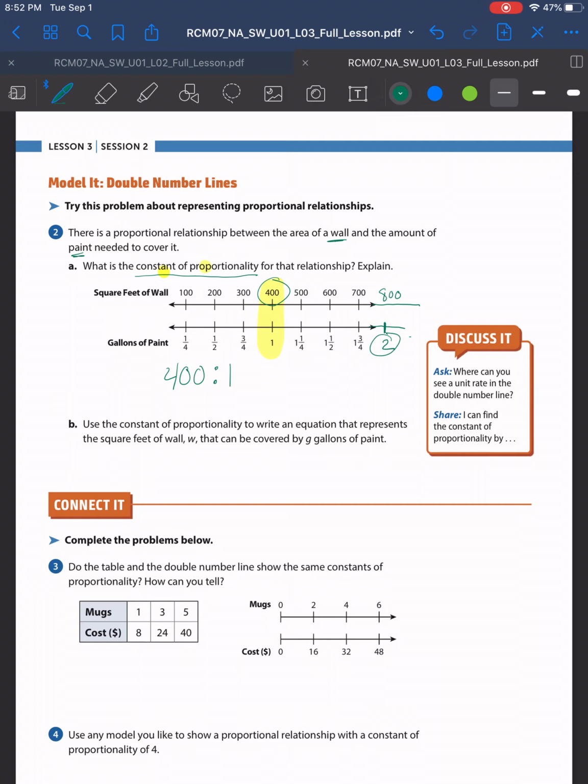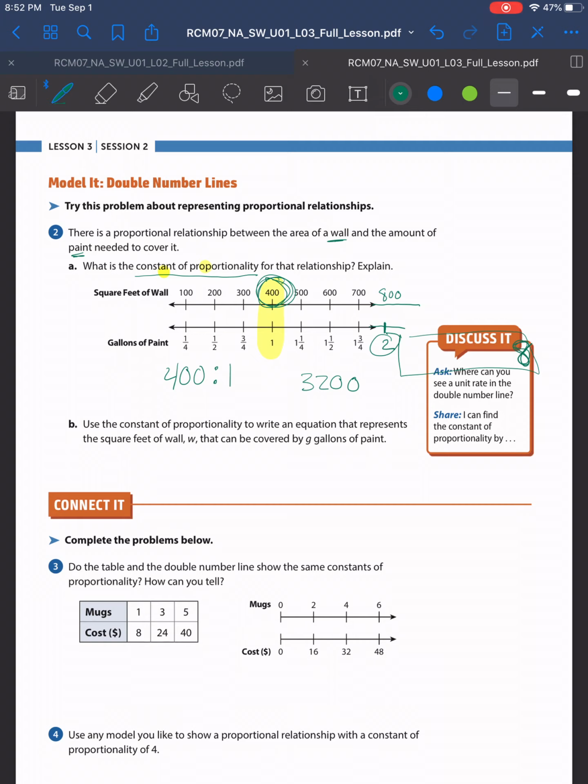I can find any number of gallons and find out how much wall that'll cover. How about 8? If I have 8 gallons of paint, how much wall will that cover? Well, simple. Just take 8 times 400. 8 times 4 is 32. Add 2 zeros. So it would cover 3,200 square feet of wall.